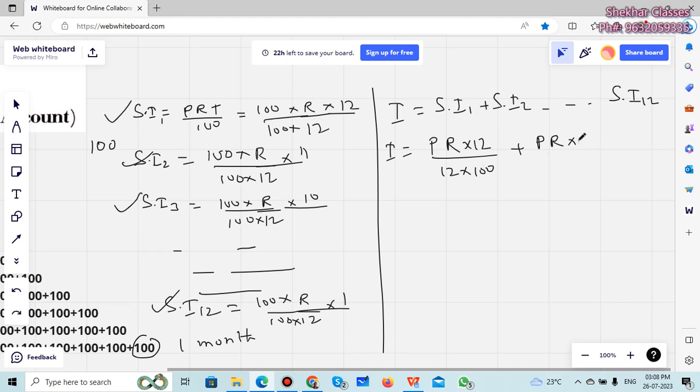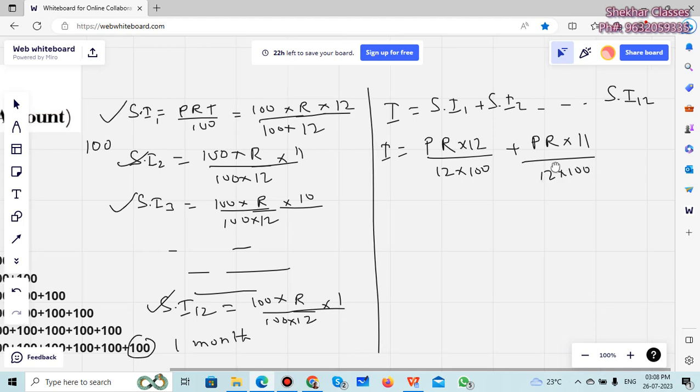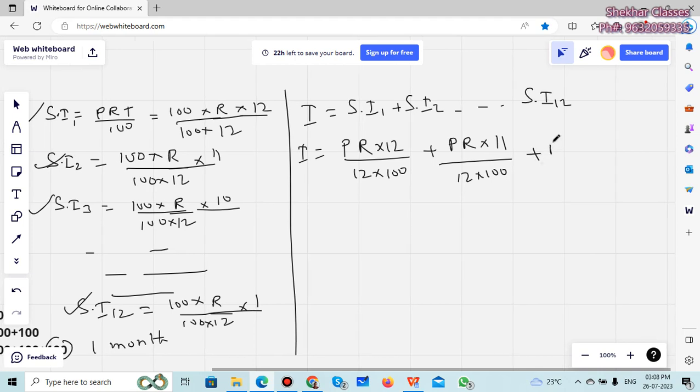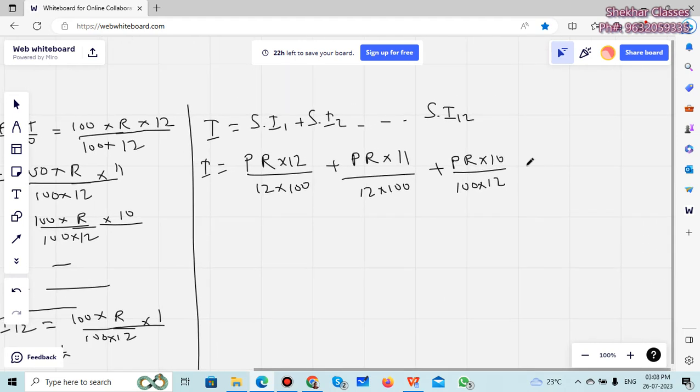Second is for 11 months, 11 upon 12 into 100, right? Fine. Third one will be what? P R into 10 upon 12 into 100 here. Okay. Similarly, the last one will be what? P R 1 upon 12 into 100.